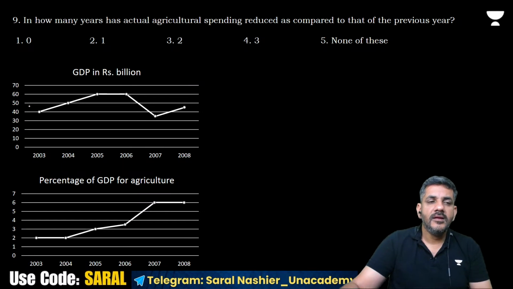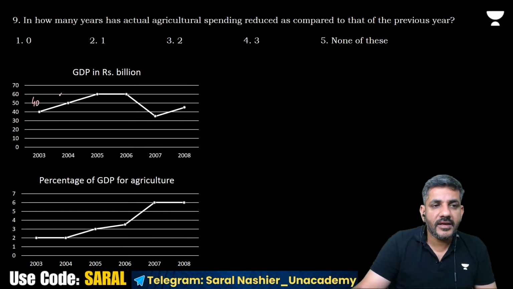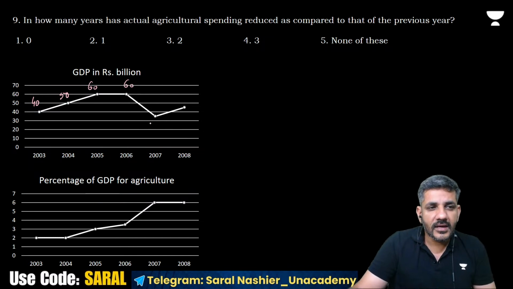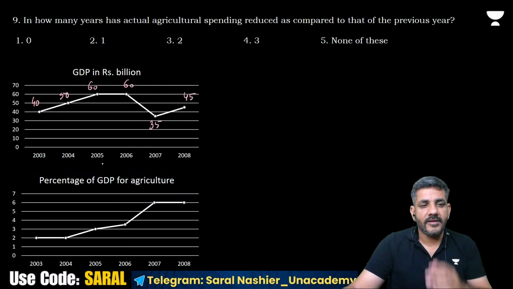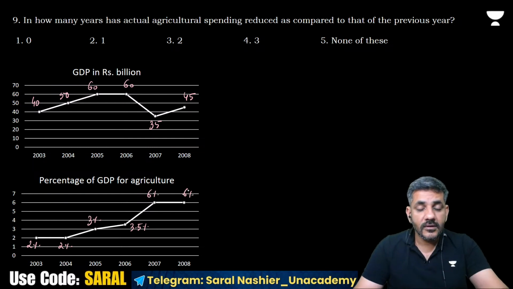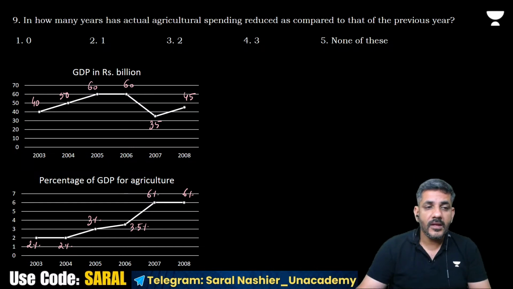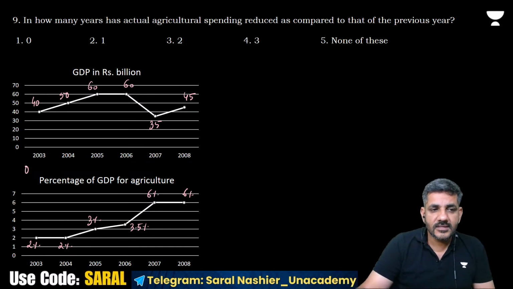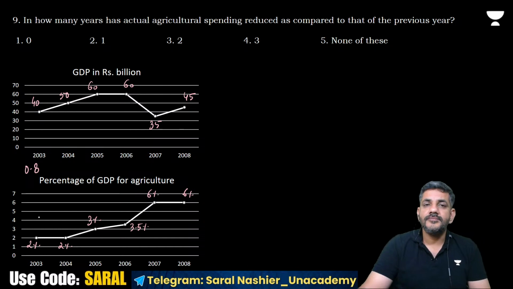Okay, let's see. The GDP here is 40, here it is 50, here it is 60, again 60. Here I have 35, and lastly 45. The percentages are 2%, then again 2%, then 3%, then 3.5%, and then 6% and 6%. So let's write down all these values. 2% of 40 is 0.8 billion, right?